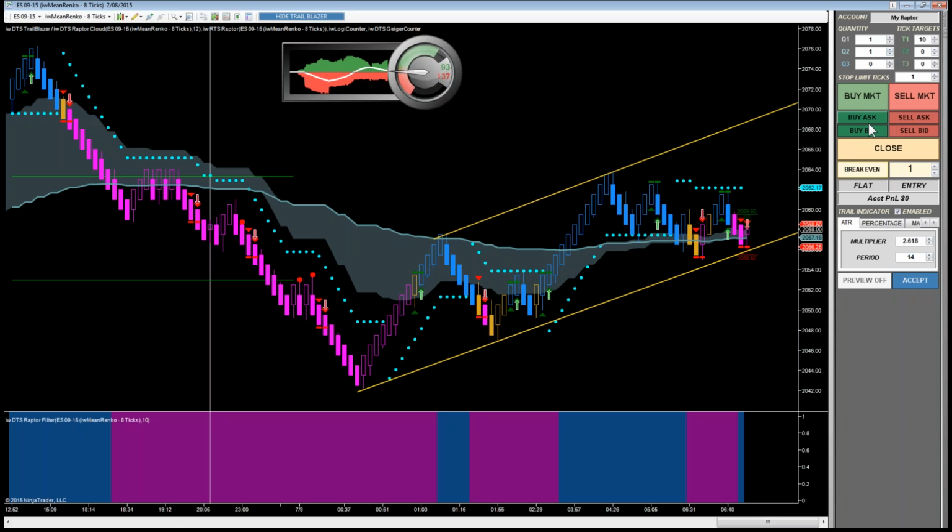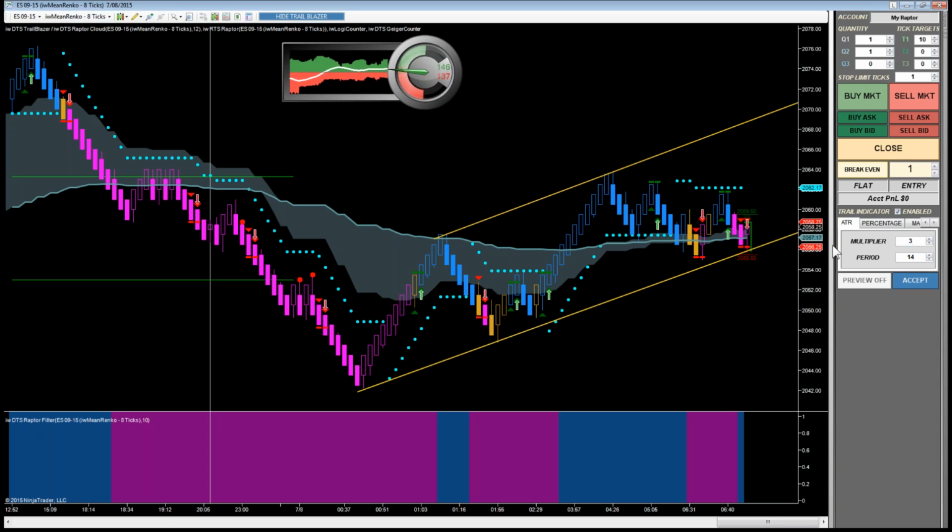And the Trailblazer is our trade management or our trade entry system. We have two. We have the Trailblazer and we have the Trade Manager. The difference between the two is the Trailblazer does not have the risk management component. We had to give that up in order to give you a one-click entry system.